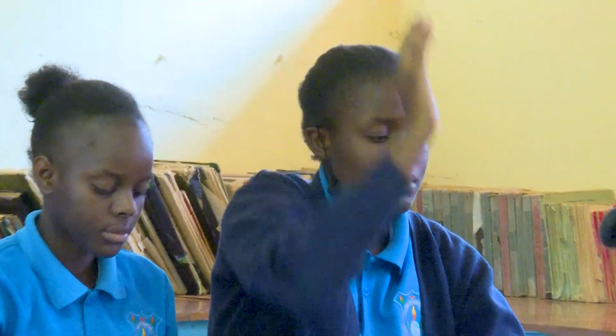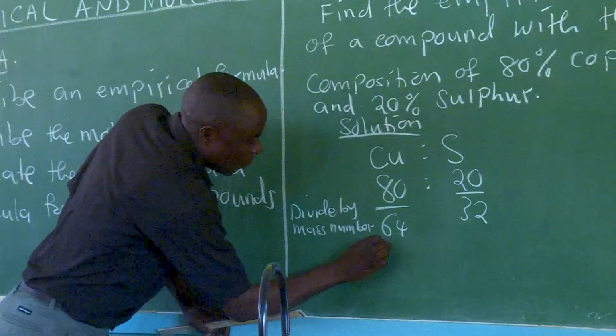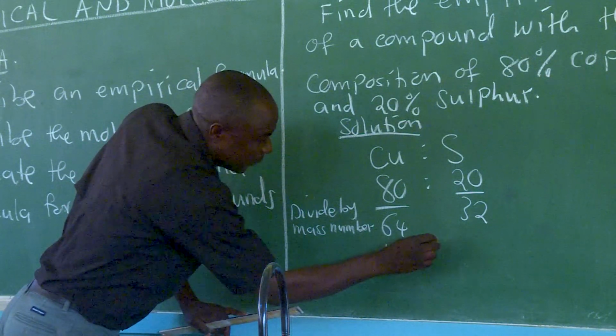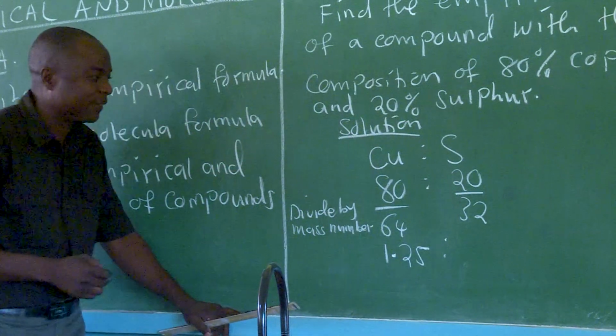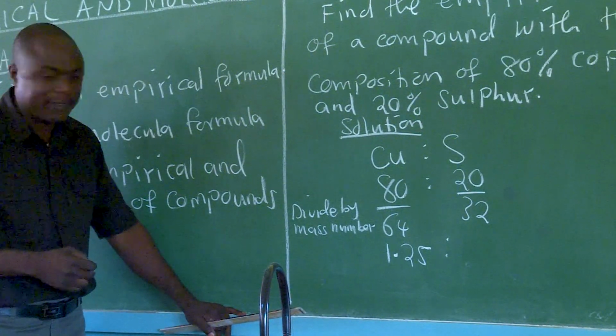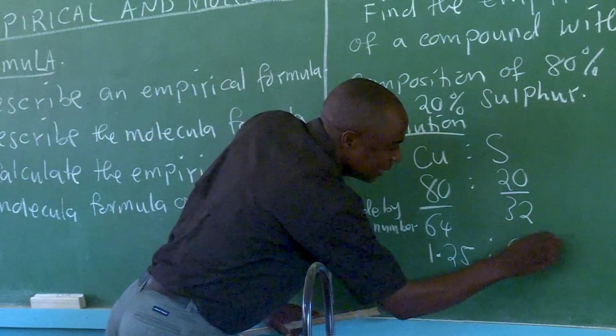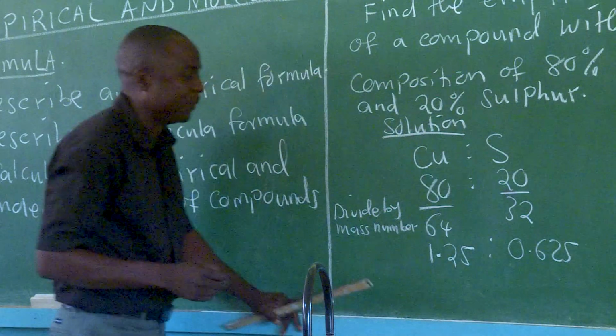80 divided by 64. Yes, 1.25. Okay? What is 20 divided by 32? Yes, 0.625. Are we okay?